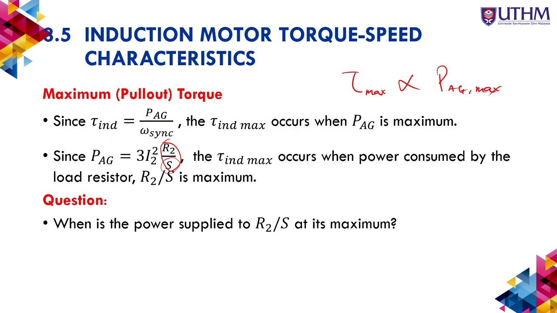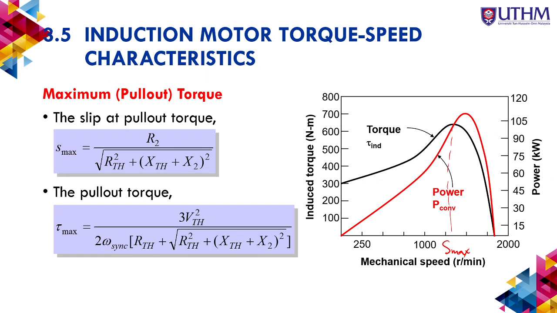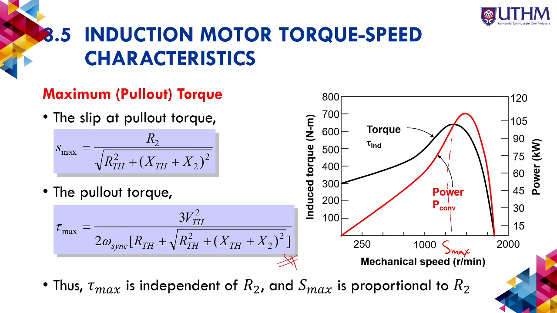Then it becomes a new equation, so this is the torque at maximum. Thus T max is independent of R2 and S max is proportional to R2.